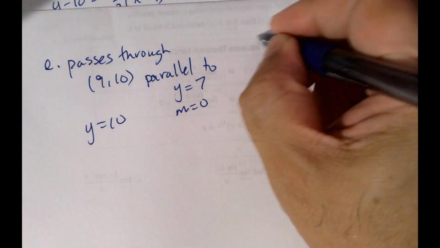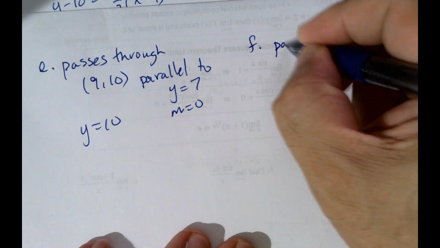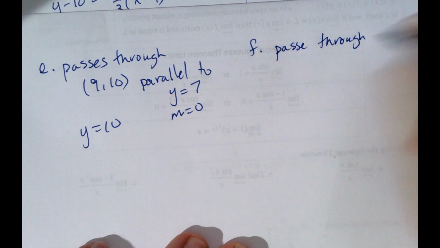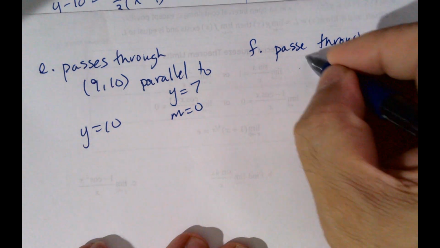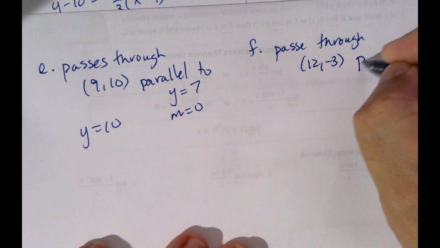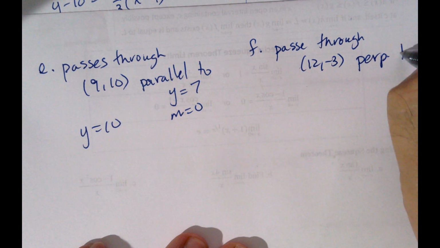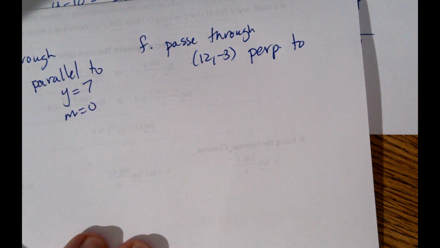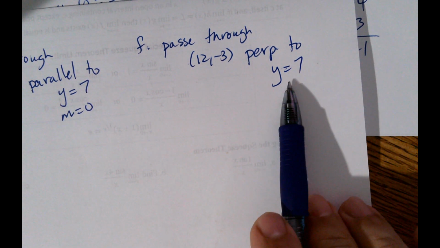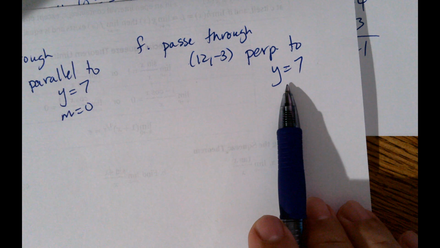Okay, and the last example passes through the same one up here, 12, negative 3. And we want perpendicular to, let's use the same line over there, y equals 7. All right, so this line is a horizontal line, right?